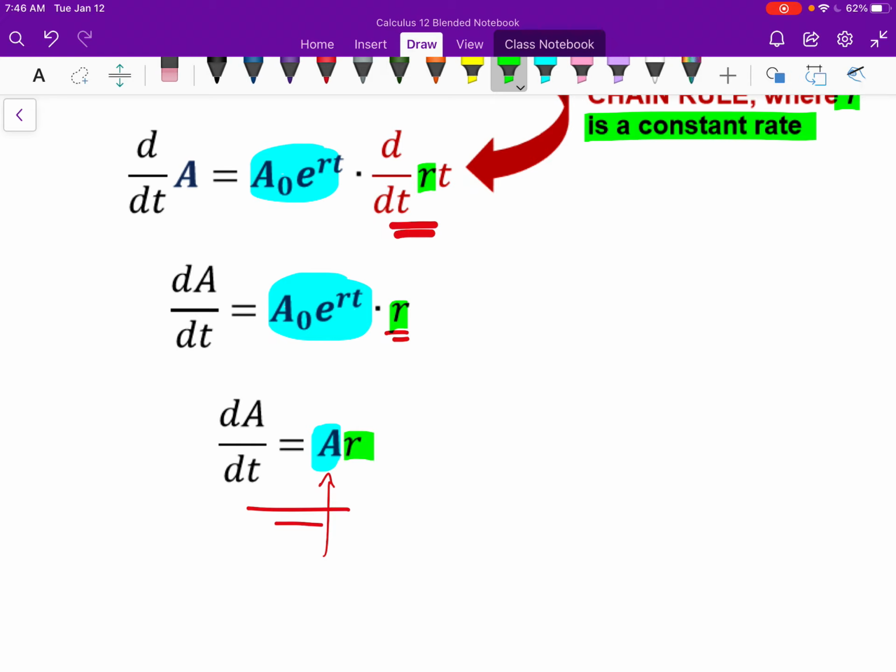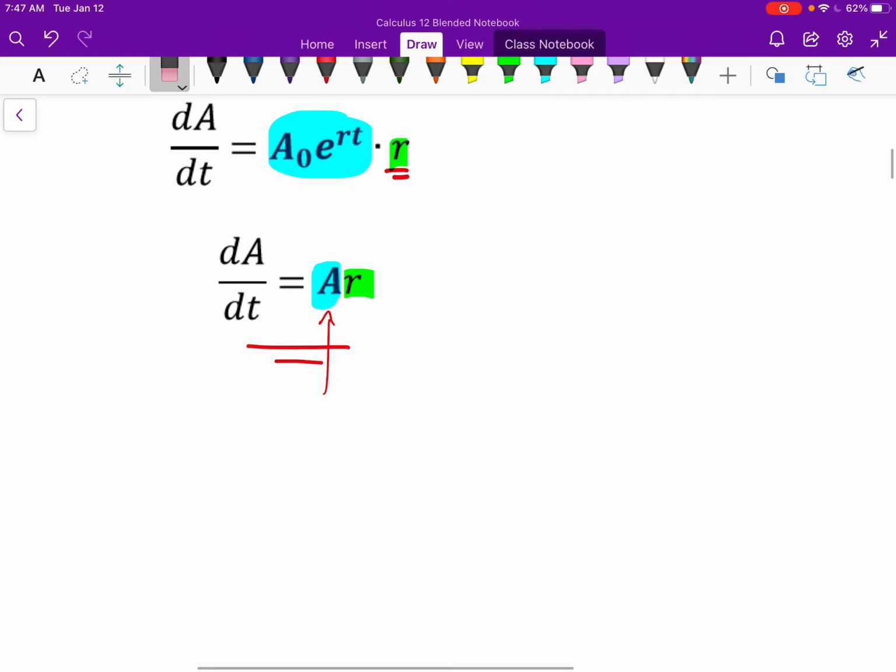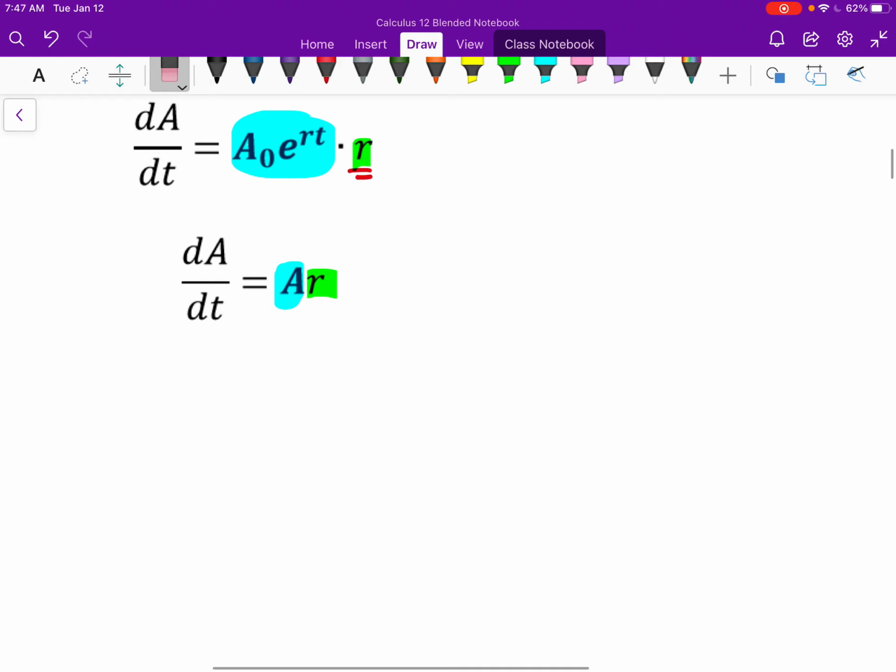And so any exponential function can be, at some point, expressed in this form. Now we notice this equation has a derivative in it, and so we call this a differential equation. But it's a pretty simple equation. The derivative, dA/dt, is the same as the amount at some point in time, again not A naught but A, times this constant rate of growth.